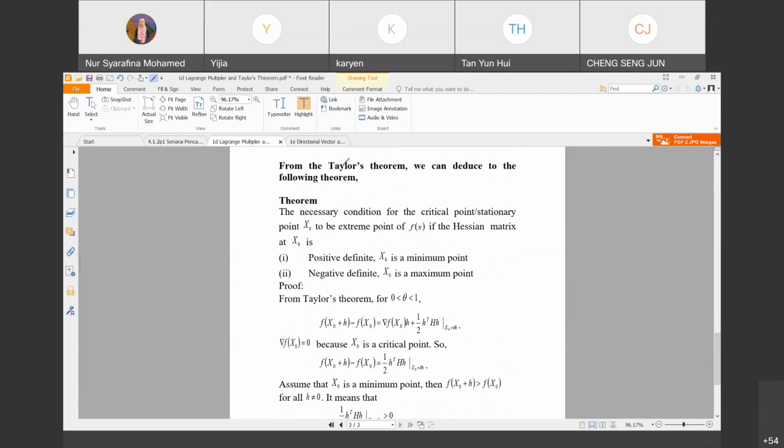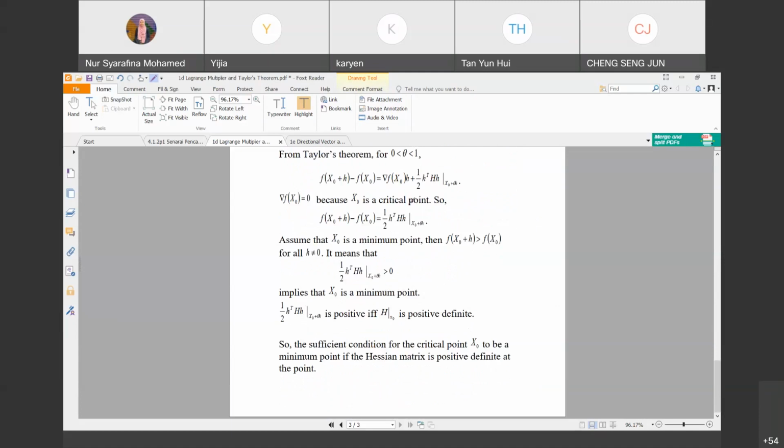Okay, so from Taylor's theorem, we can deduce the necessary condition for the critical point x naught to be an extreme point of f, if the Hessian is positive. Again, still we are using the Hessian. If the Hessian is positive, then it is a minimum. If the Hessian is negative, then it is a maximum.